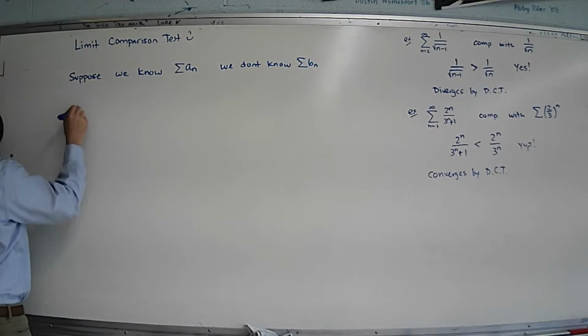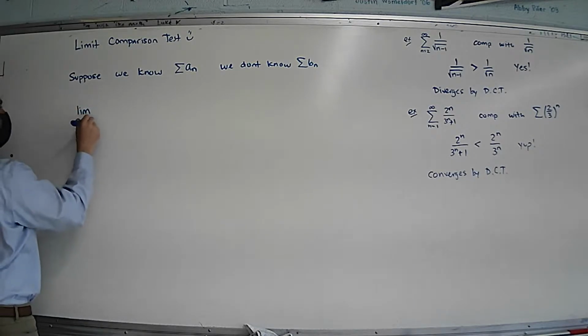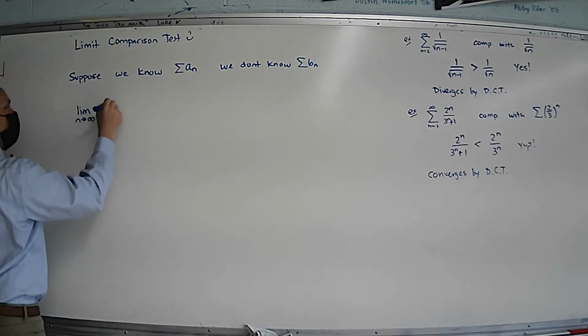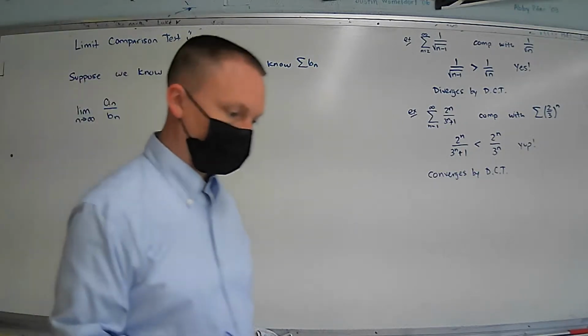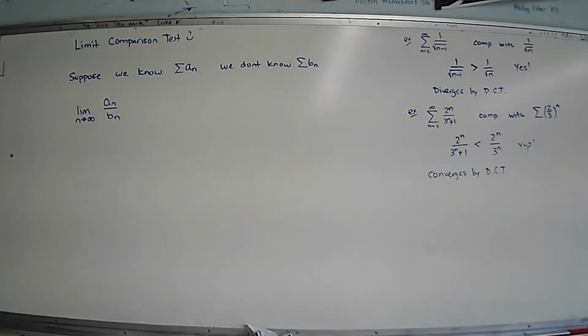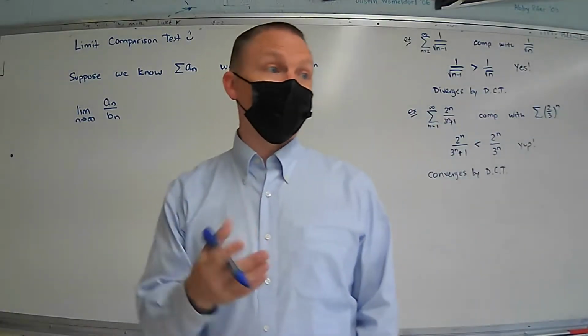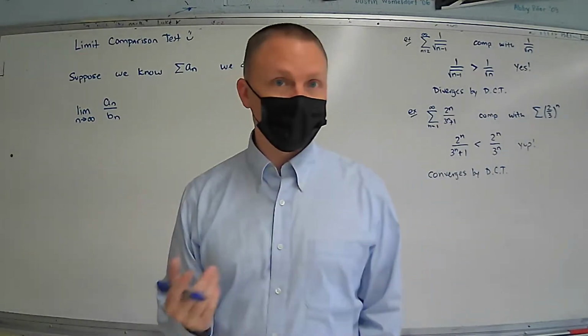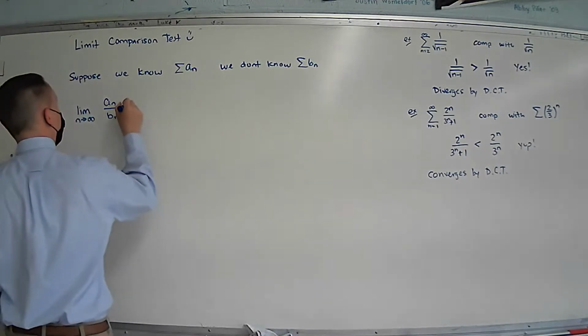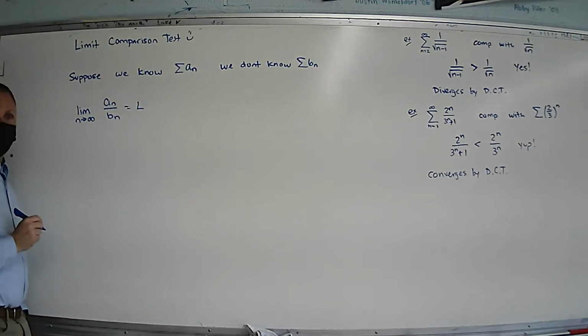So what we're going to do is compute this limit. It actually doesn't matter which one you put on top. I put the known one on top, but it doesn't matter. Let's say the answer to that is L.